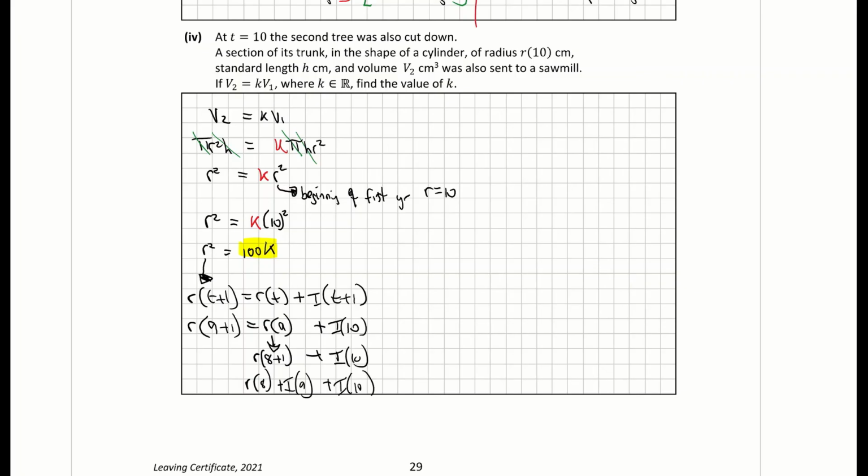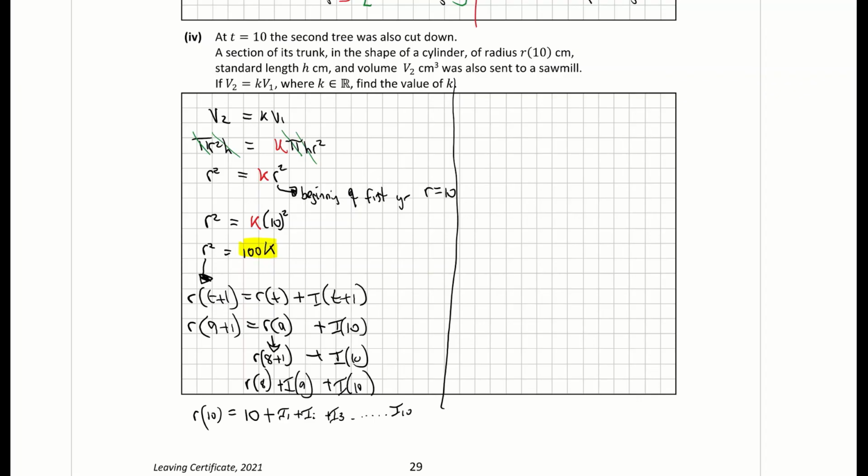I just need to keep breaking down my r to the t plus 1 until I get something like this: r to the 10 is basically going to equal 10, my original radius, plus i to the 1, plus i to the 2, plus i to the 3, and so on and so on until I get i to the 10. So that's basically what they need me to find here. Now there's probably other ways of doing it, but that's the way I've spotted how to do this question.